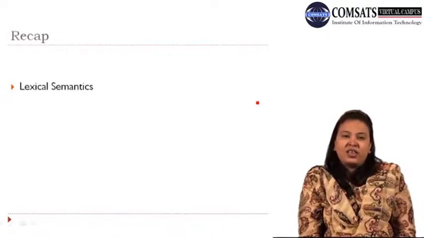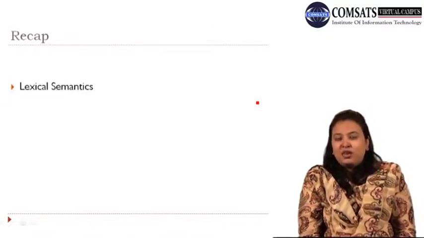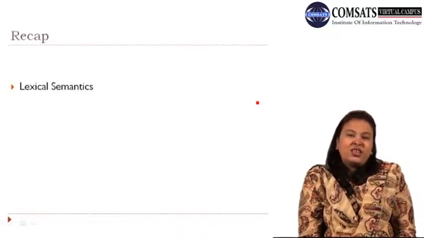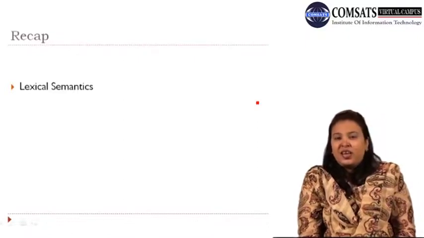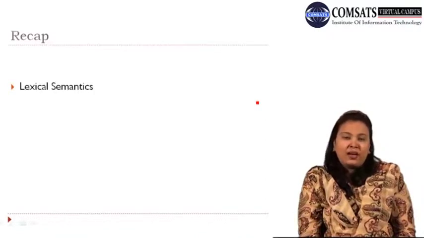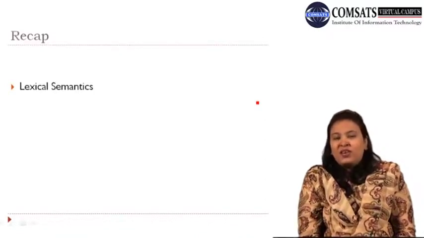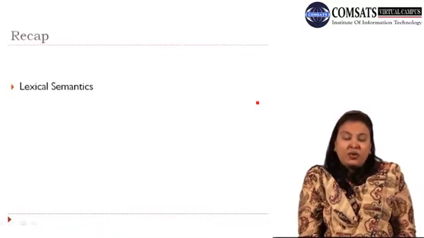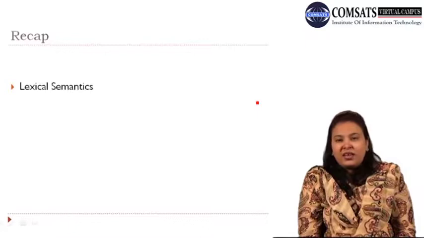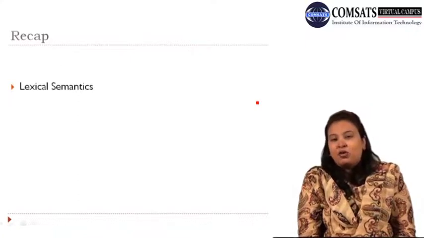In this regard, we studied synonyms and antonyms. Synonyms are words that are close in meaning. Antonyms are words which are totally different, opposite in meaning. Then we have homonyms, one word but different meanings, like bank, like race. Then homophones, words with the same sound but two different meanings, two different words. And homographs as well, where the word is apparently the same, but the meaning and sound are totally different.